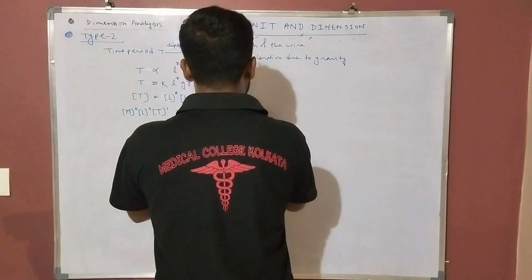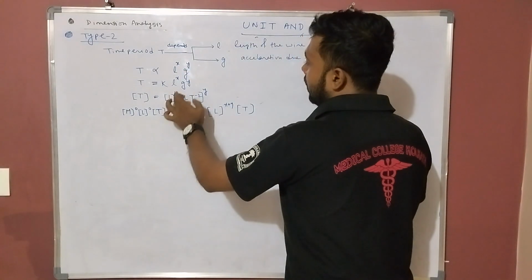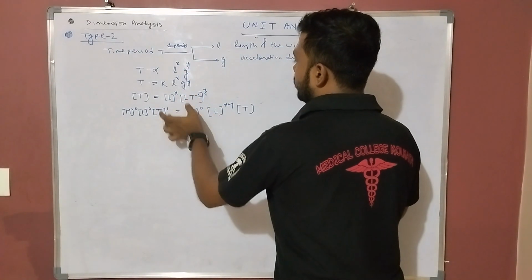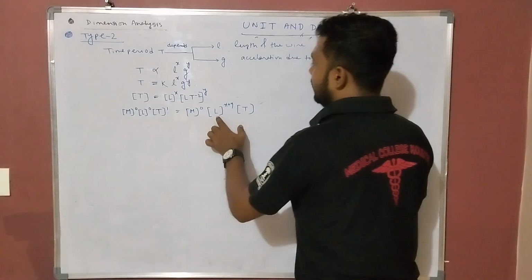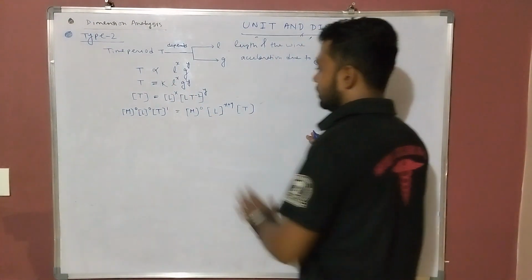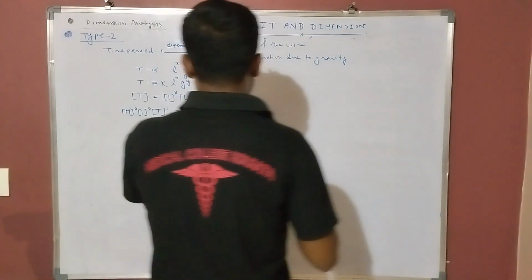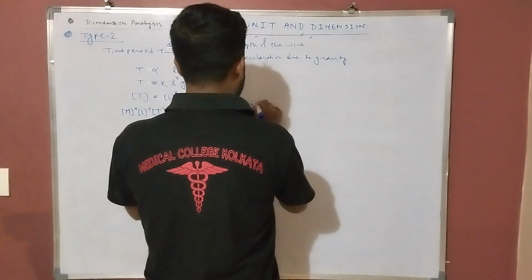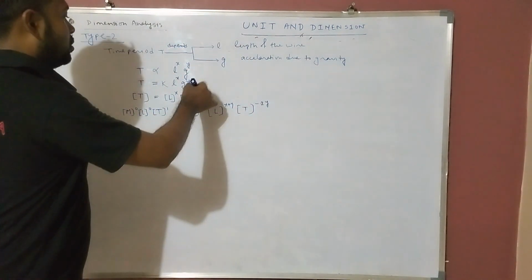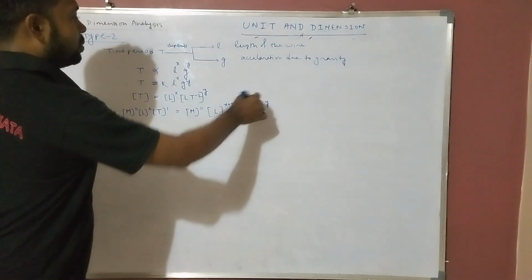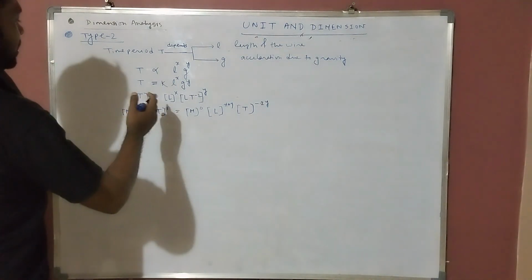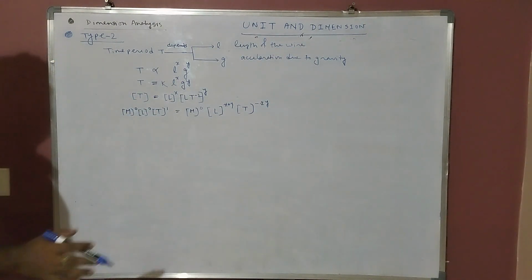Here the power of L is X, here the power of L is Y, so together we can write L to the power X plus Y. So what will be the power of T? It is T to the power minus 2Y, since Y and 2 we multiply. So now we have to compare the powers of M, L and T on both sides.